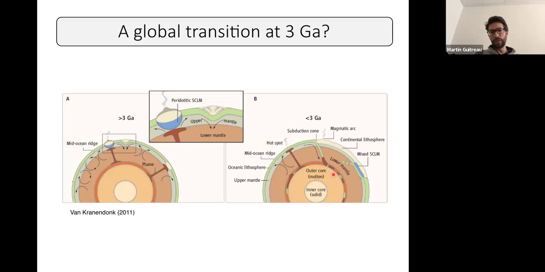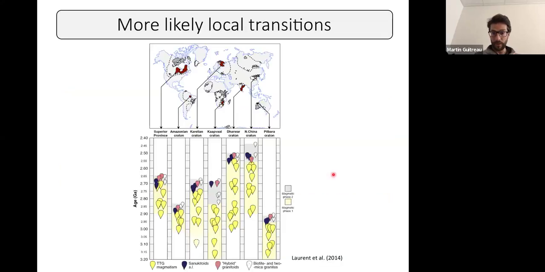This global transition is probably not likely, since if you look at the crustal record, here it's a figure from Laurent et al. 2014, you see in several different places that are presented here that you have some sort of pattern in the construction of the crust with granitic magmatism specific of TTGs. I will come back to this acronym later on.